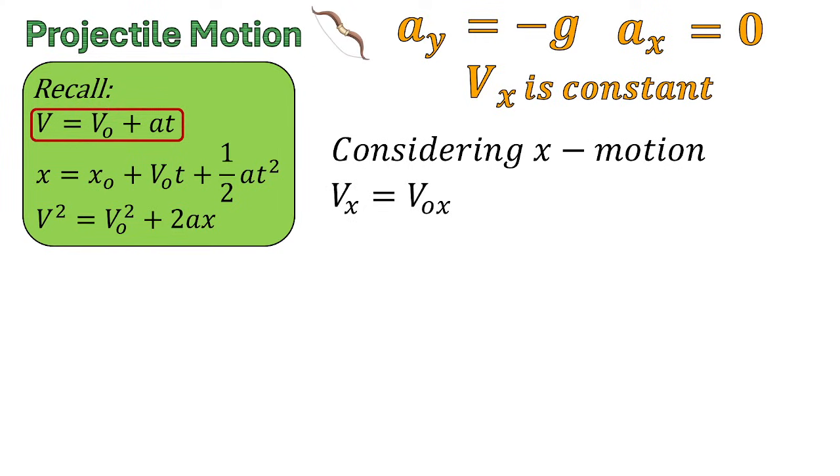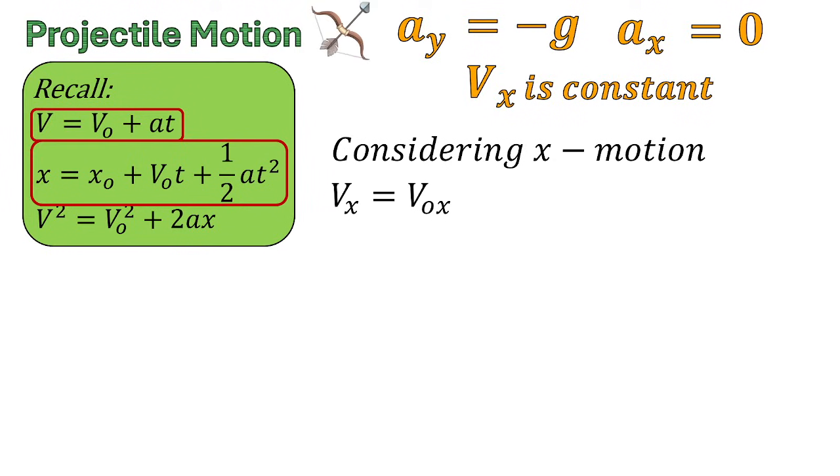So Vx is equal to V naught x. Why did we not include at? Since we're dealing with x motion, the acceleration in the x direction is 0. So 0 times t is 0. So we have our first equation, Vx is equal to V naught x.